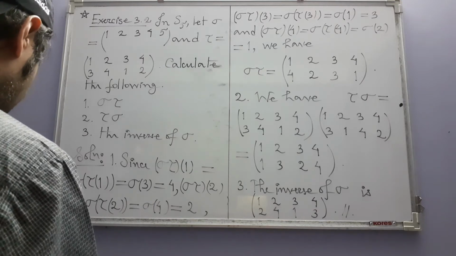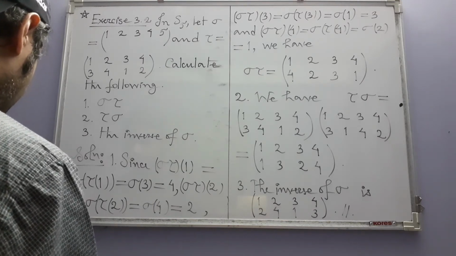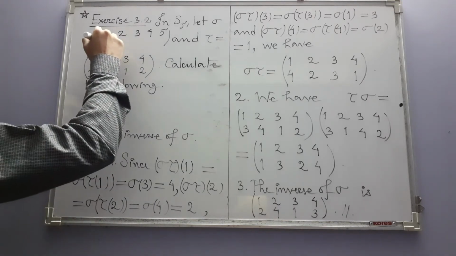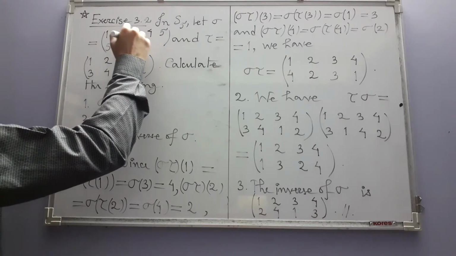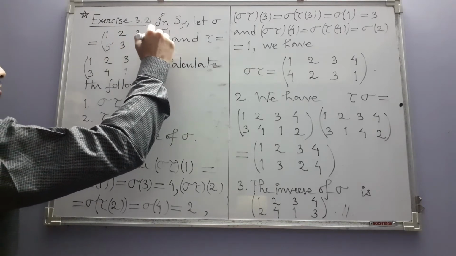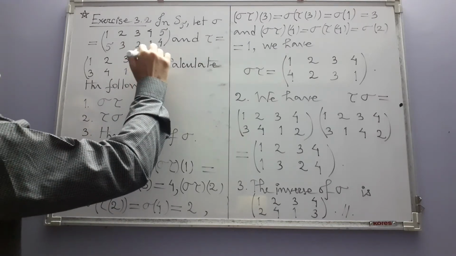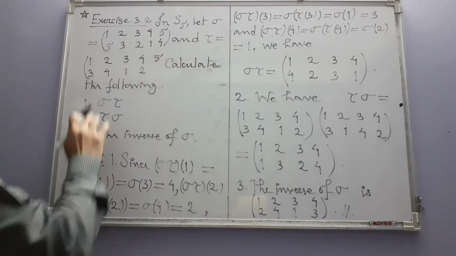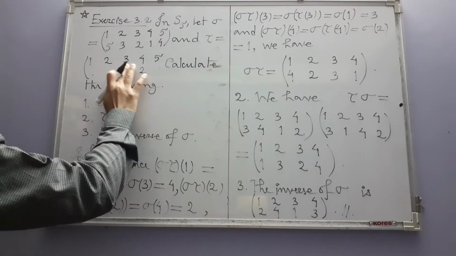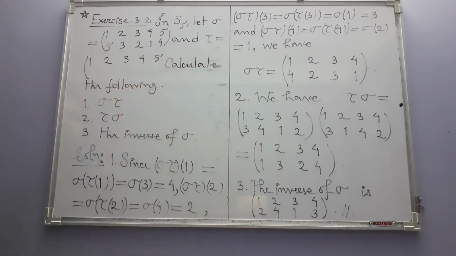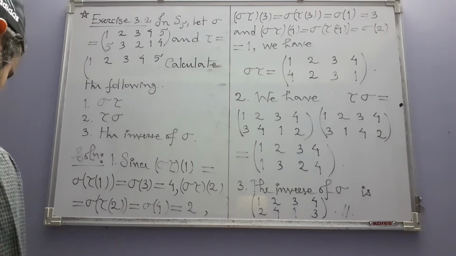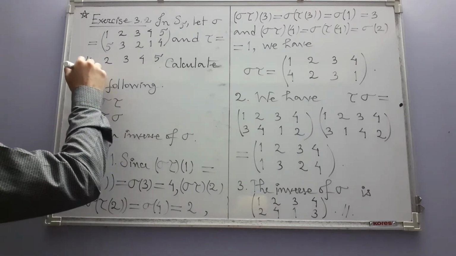So here sigma is 53214, and tau likewise is also such a permutation. 2, 4, 1, 3, 5.